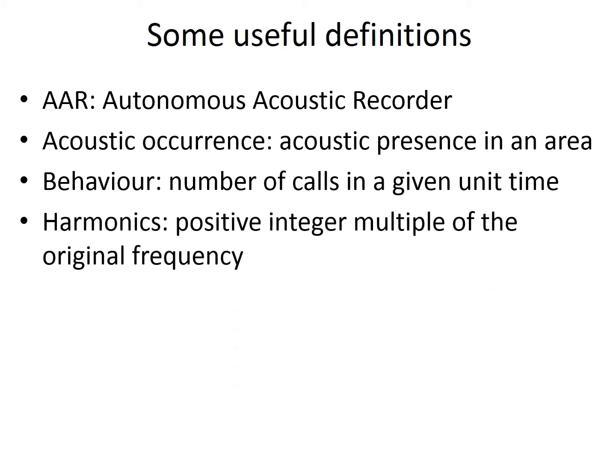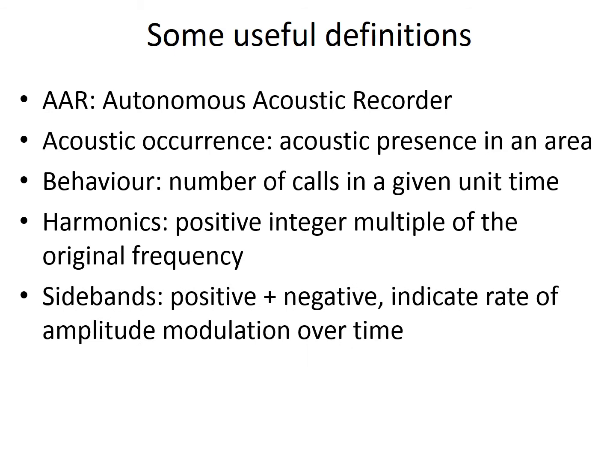And then we have harmonics, which are positive integer multiples of the original frequency. For example, if you have a call with the original frequency at 100 hertz, the harmonic will be at 200 hertz, and then the next harmonic will be at 300 hertz, and so on.